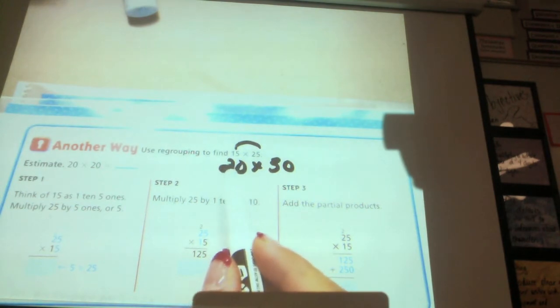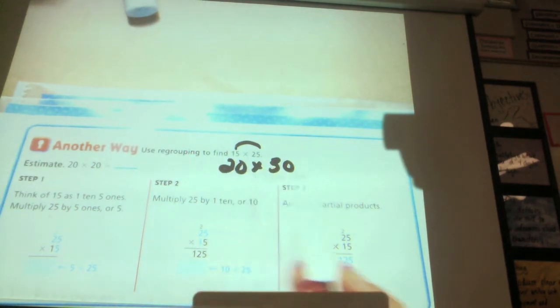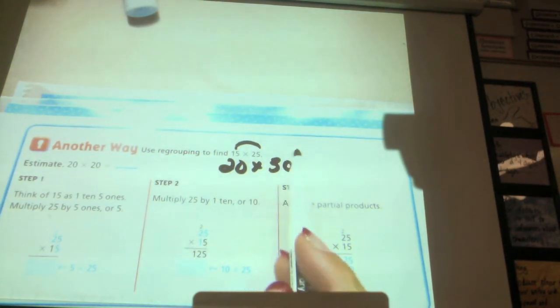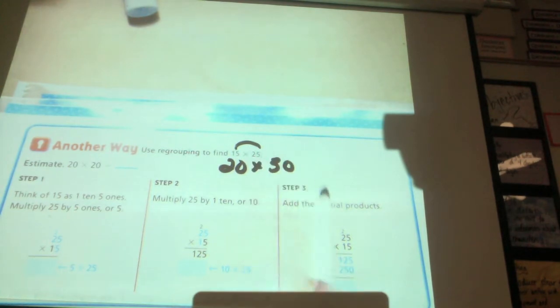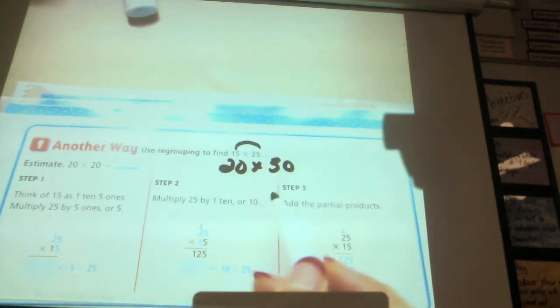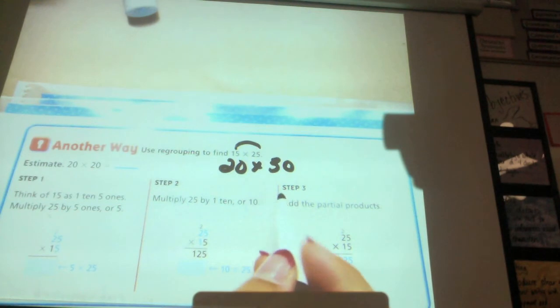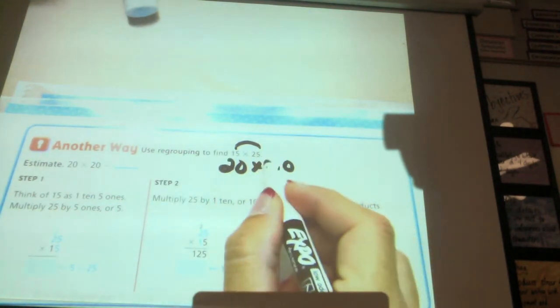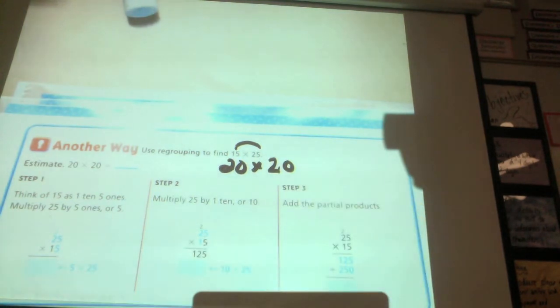So rounding 15 up and rounding 25 up, our answer is going to be a very big overestimate. Rounding one up and one down, since they're both in the middle, would give a more accurate estimate of what we're looking for. Yes, Brian. Can you just have the 25 and leave the 5 alone? No.